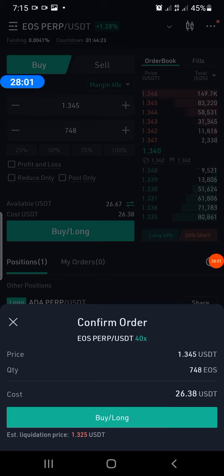Look at the purchasing power they gave me, a higher purchasing power, 748, which will earn you more profit than using a lower leverage. But you are at a risk of getting closer to liquidation. You are at a higher risk.